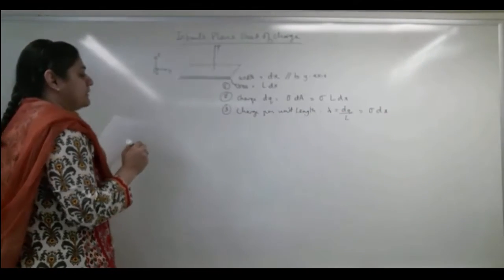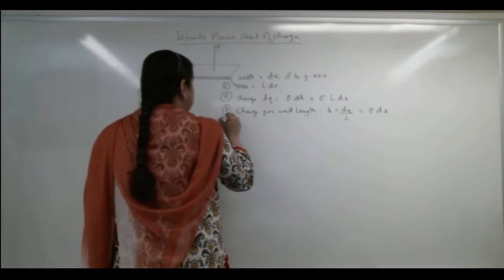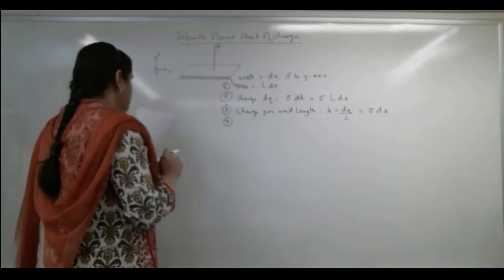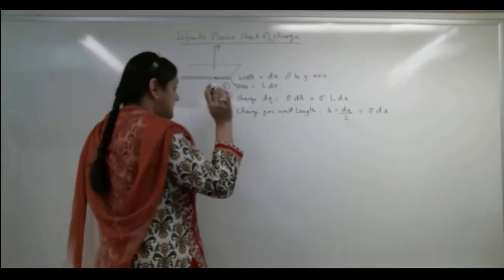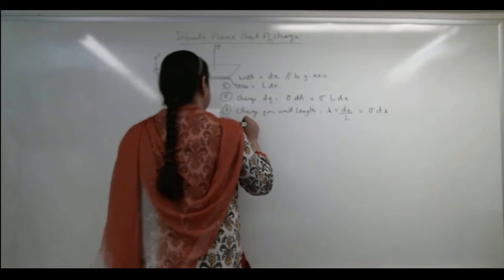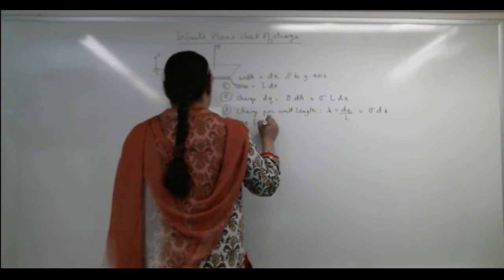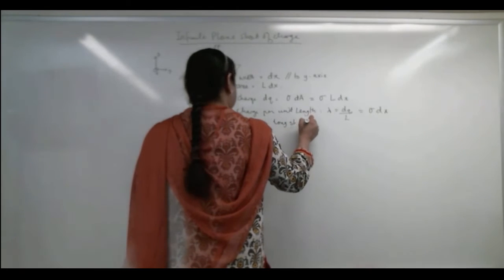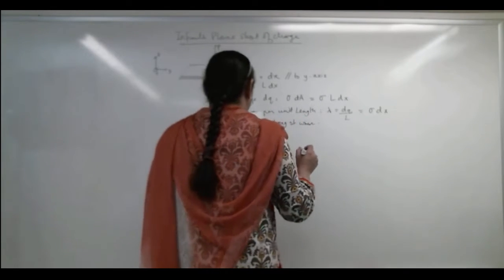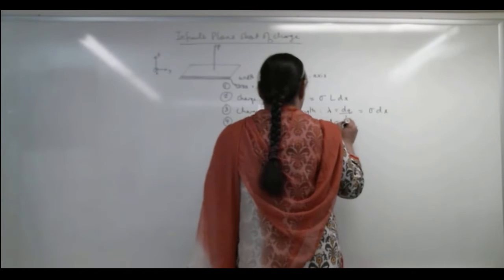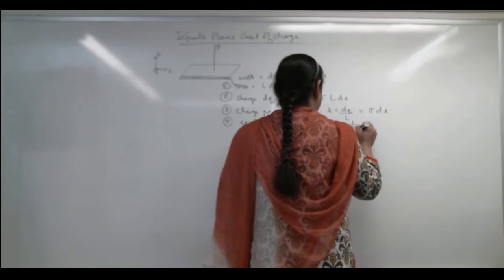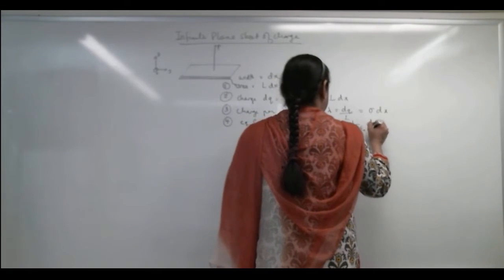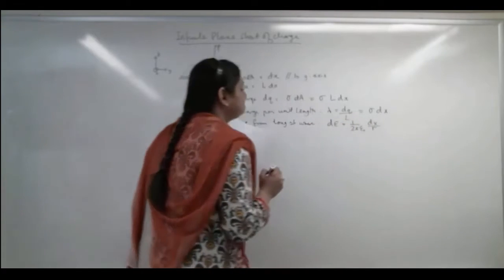Okay? Now, number 4, the main reason for using this cheat is so we can use the equation from a long straight wire, which is going to be dE equals 1 over 2 pi epsilon naught dx over r.